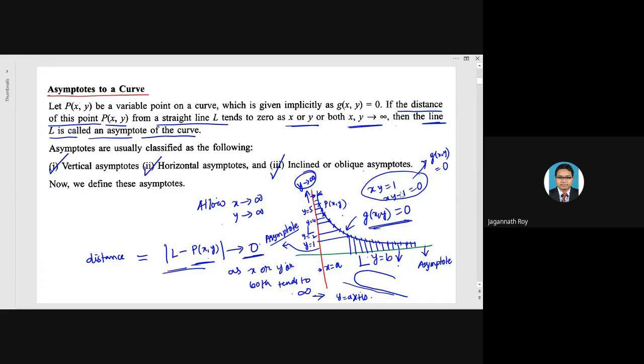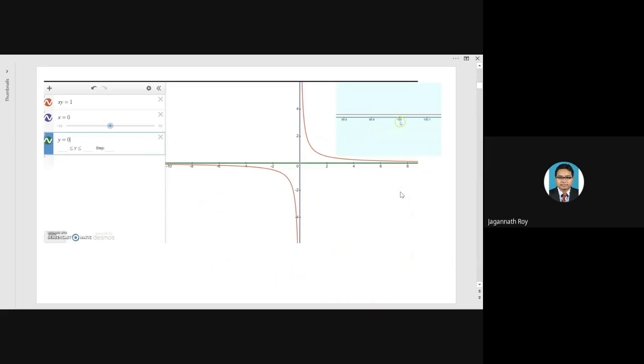Like I have shown in the very beginning, if you zoom in at x equals 100, there also you can see that there is a gap between the curves. So an asymptote will never intersect the curve.